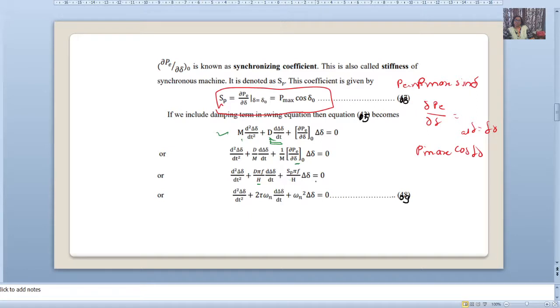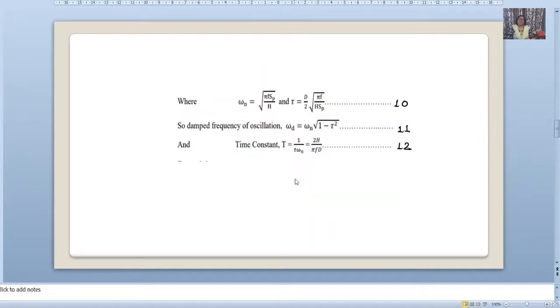Now we can write this in terms of tau and omega n. From equation number 9 we can see that omega n is equal to under root pi f SP upon H, where tau is equal to D by 2 into under root pi f upon H SP.